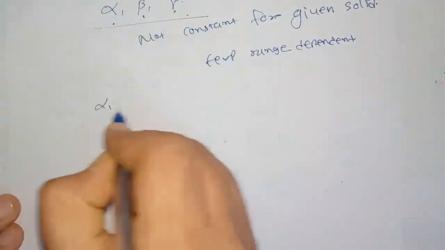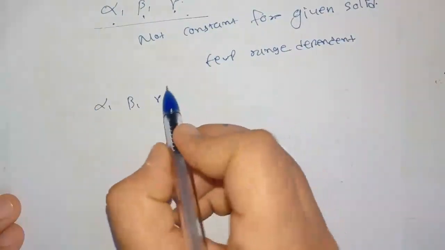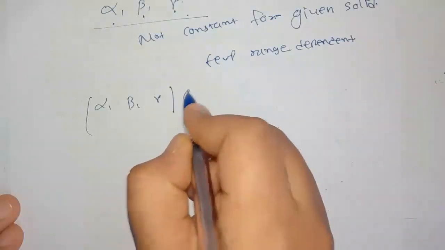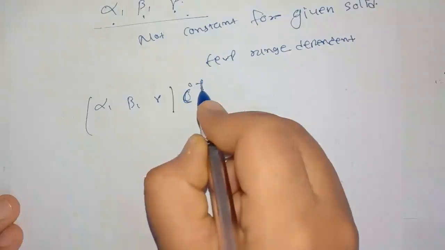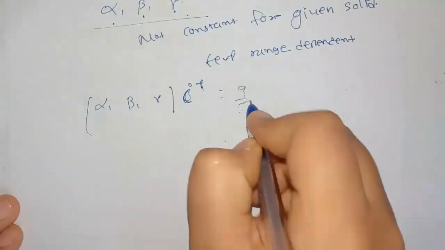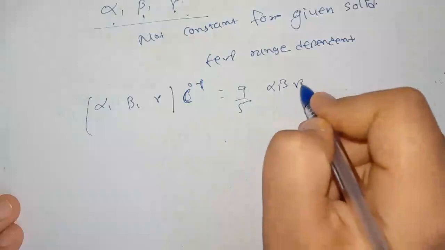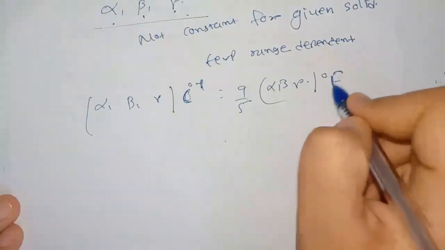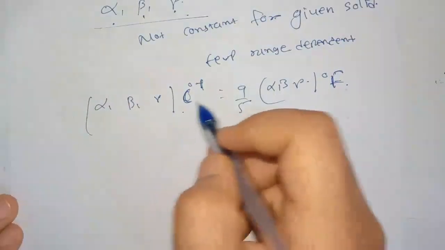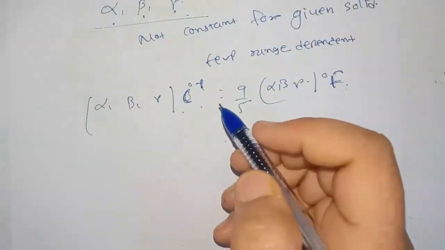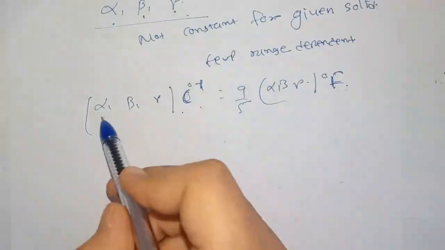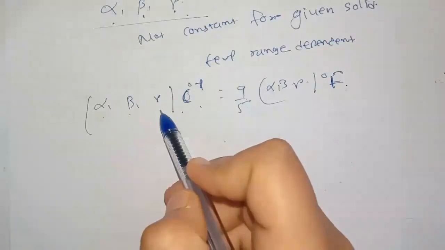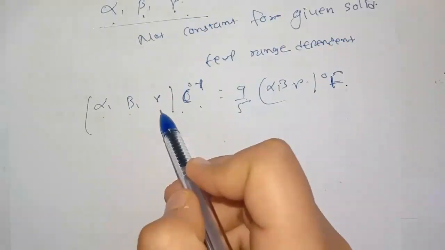The alpha, beta or gamma per degree Celsius are 9/5 times the alpha, beta, gamma value per degree Fahrenheit, but it will be the same for per degree Celsius and per degree Kelvin. The values of alpha, beta and gamma are independent of the unit of length, area and volume.